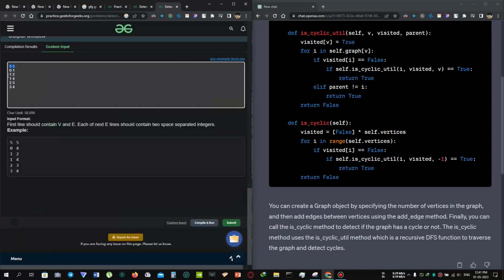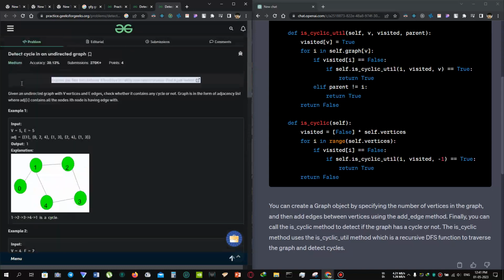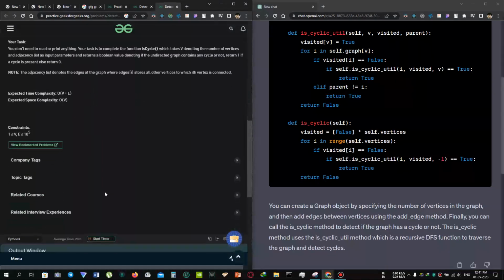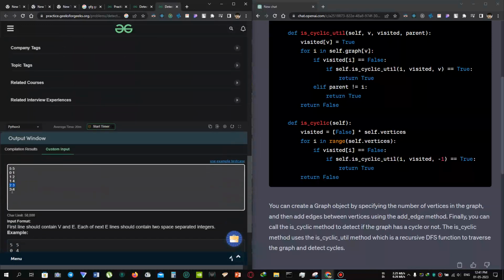Now see, 0 1 means there is a path from 0 to 1. 1 2 means there is a path from 1 to 2. 1 4 means there is a path from 1 to 4. 2 3 means there is a path from 2 to 3. Let's confirm, from 2 to 3 there is a path. Now 2 to 1 should also be there.